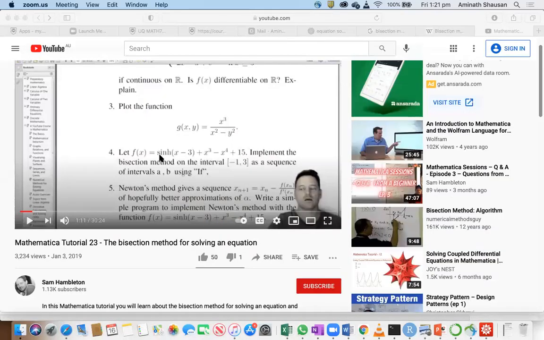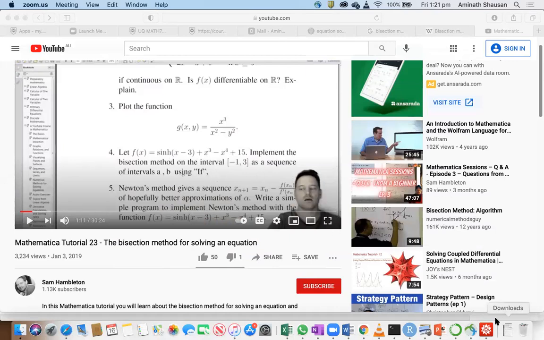This is the example that he explained very step by step. The function is sine x minus 3 plus x cubed minus x to the power 4 plus 15. Then I implement the bisection method on the interval minus 1, 3, which I have given in the notebook.